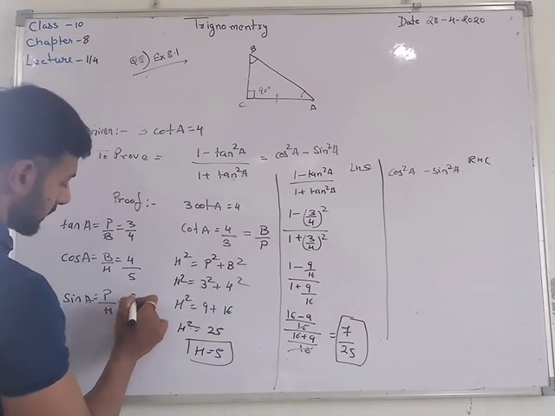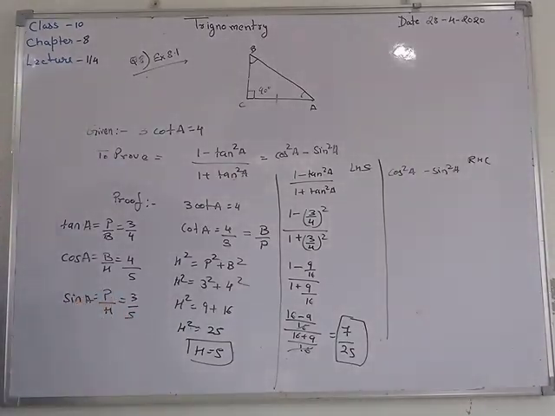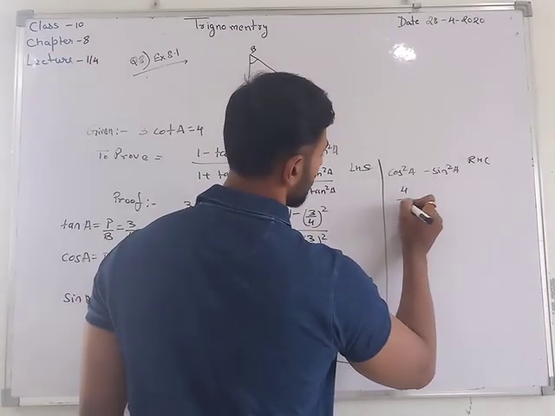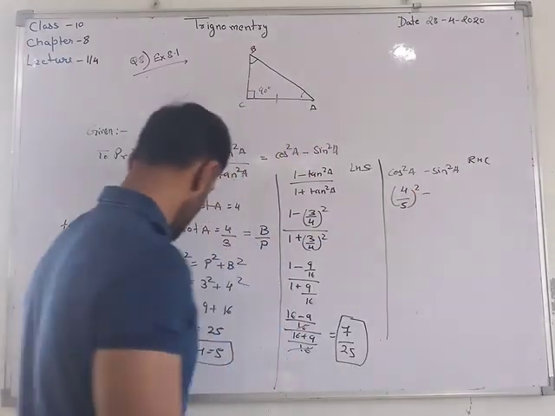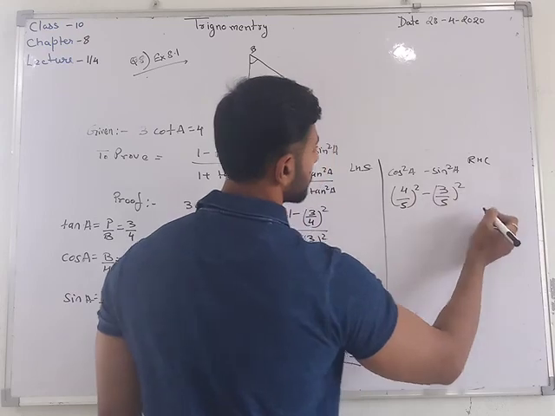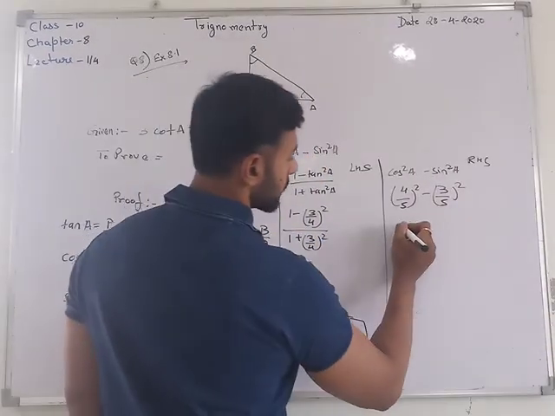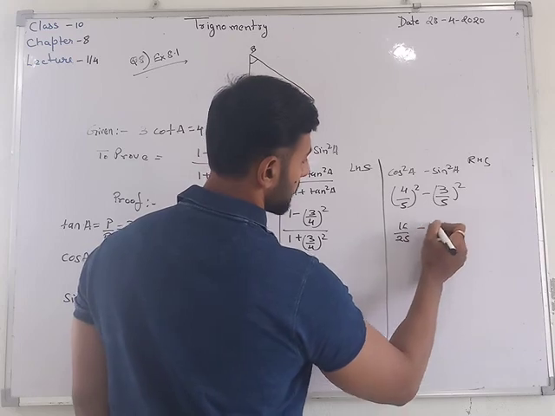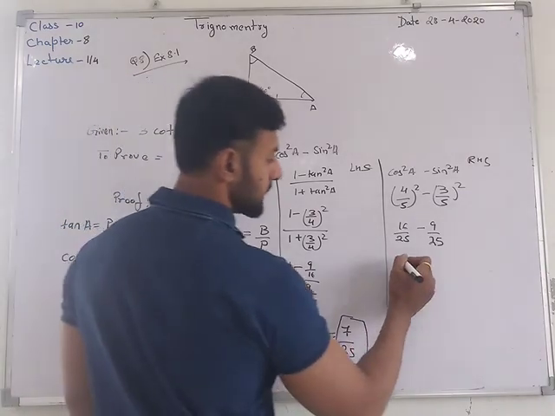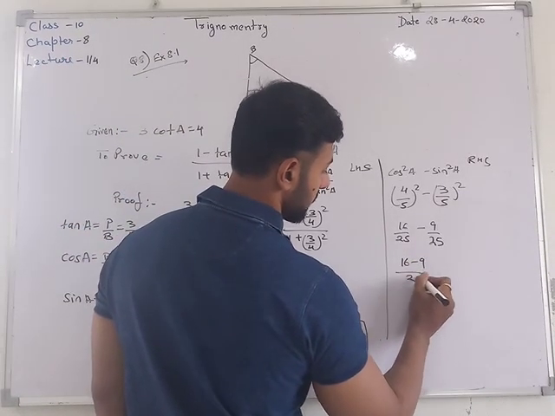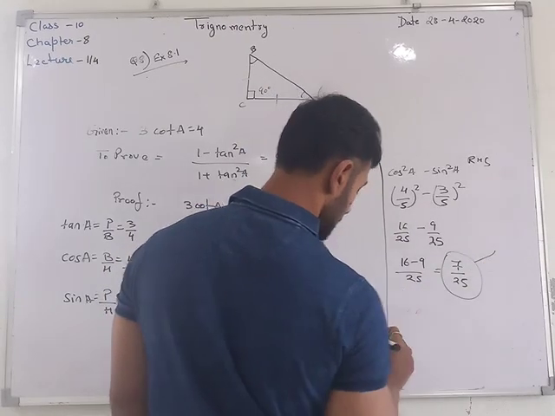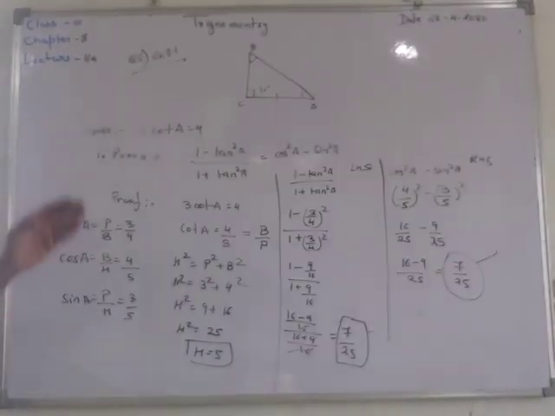Perpendicular is 3. Hypotenuse is 5. Substituting these values, cos square A will be 4 by 5 square minus sin will be 3 by 5 square. 4 square will be 16 upon 25 minus 3 square will be 9 upon 25. Solving this by LCM, 16 minus 9 by 25, this will be 7 by 25. Now we can see that LHS is equal to RHS, which means the given ratios are equal.